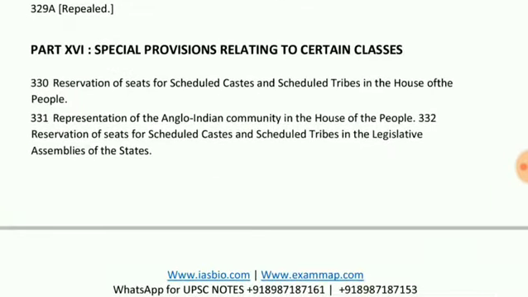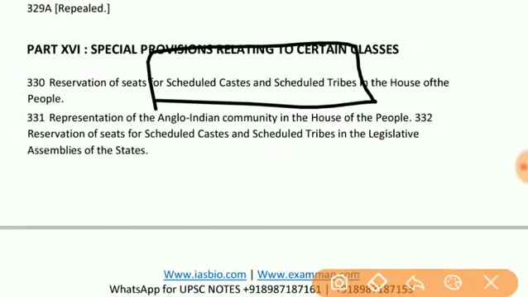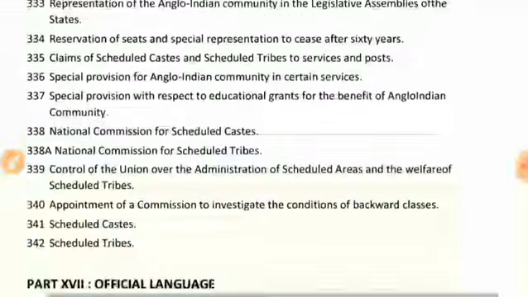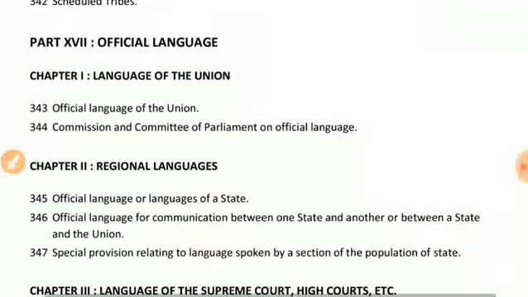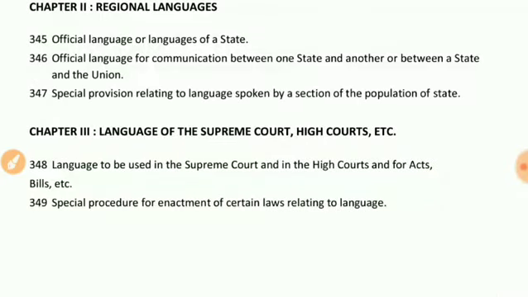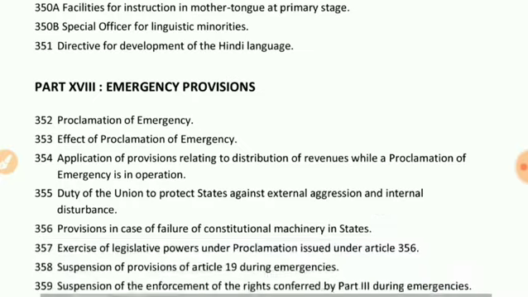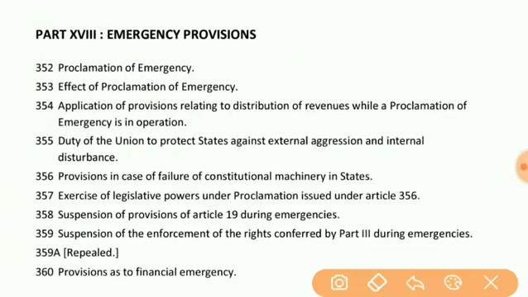Part 16, special provisions relating to certain classes. Certain classes are Scheduled Castes, Scheduled Tribes and the Anglo-Indian community. Part 17, official languages: language of the Union, regional languages, and language of the Supreme Court and High Courts. Part 18, emergency provisions.